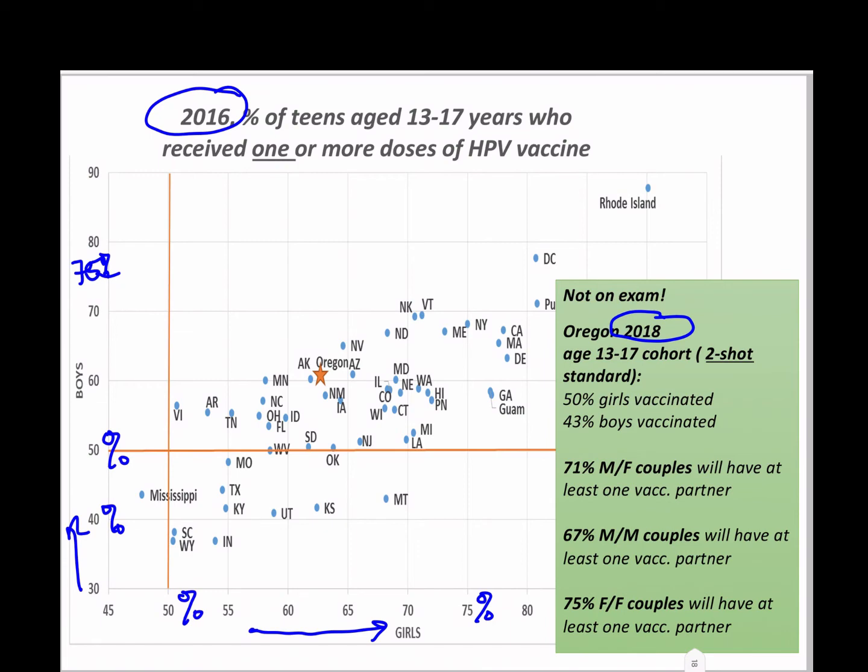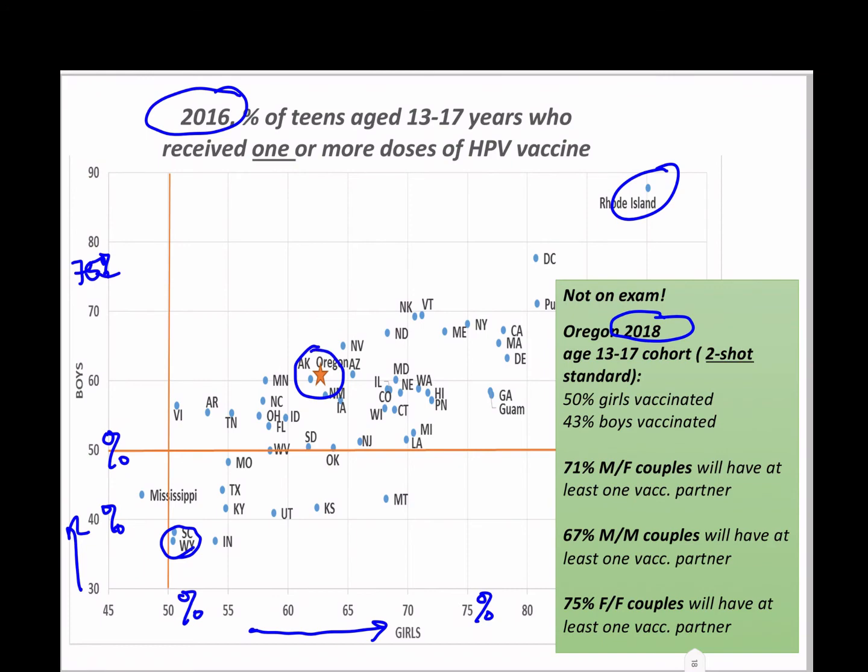But you can see that down here in Wyoming and South Carolina, about 50% of girls and about 37% or so of boys were vaccinated. Up here at Rhode Island, we've got 95% of girls and almost 90% of boys. And Oregon right here is pretty much smack in the middle.